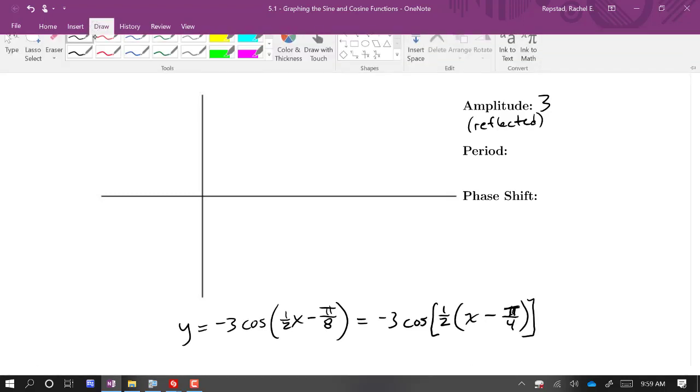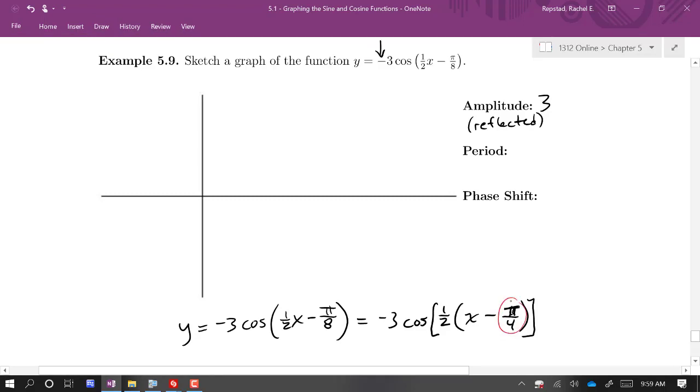And after factoring out the 1/2, now I could see that this is my phase shift. It's pi over 4 units. And it's a minus pi over 4, so it's going to go to the right. When I indicate the phase shift, I want to make sure that I include the direction.